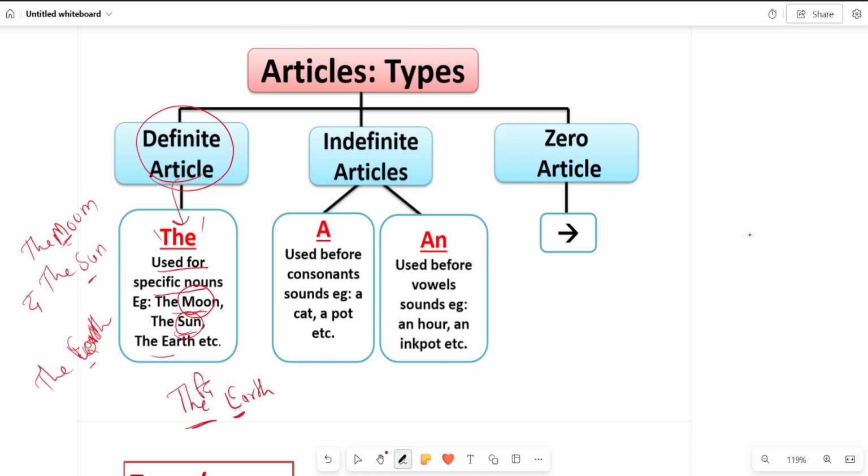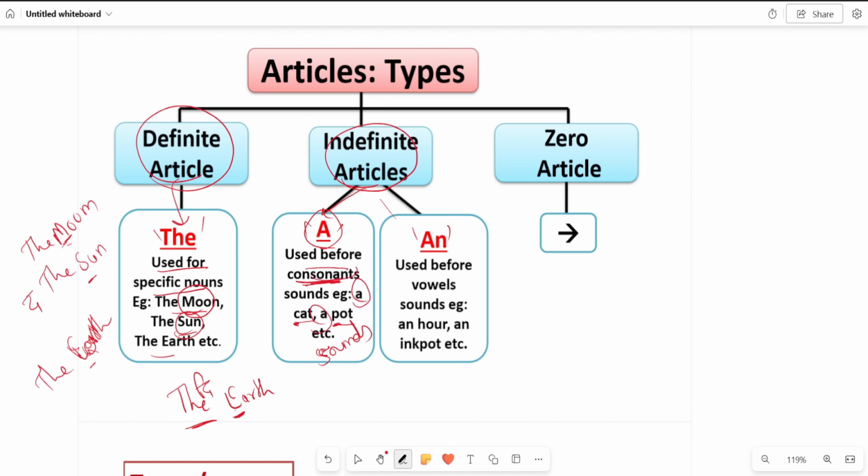Now see, the second category is the indefinite article, in which we have two, that is a and an. So a is used before a consonant sound. I told you we should always recognize sounds rather than spellings. For example cat, pot: here cat starts with K, and pot starts with P. So that is the reason we use a here and a as well.